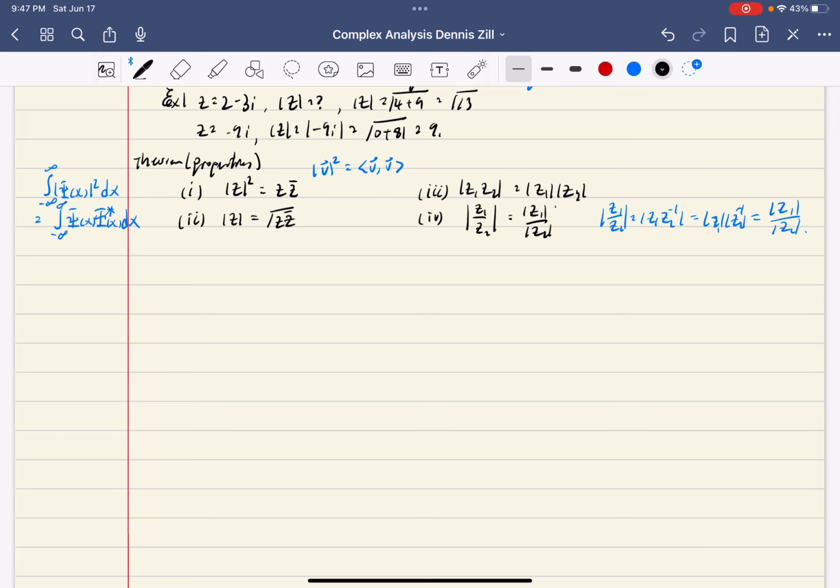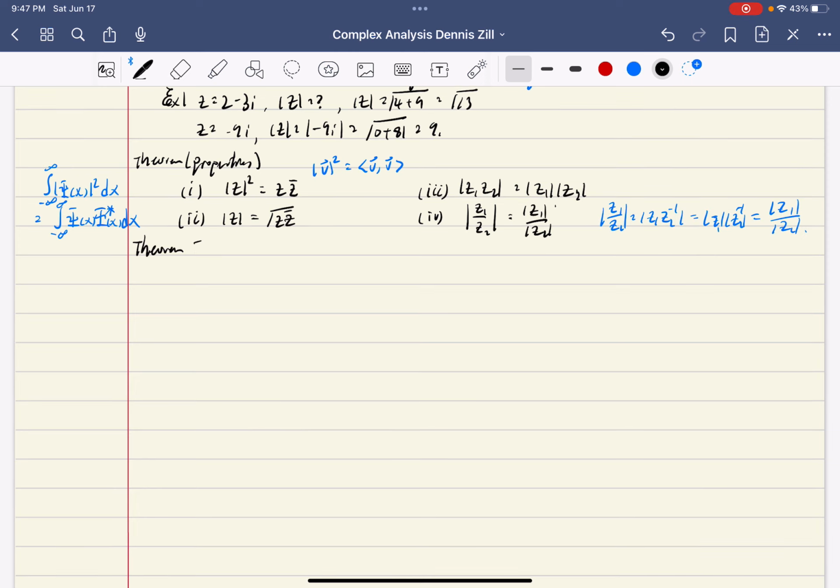Distance, again, really the distance between 2 points. Theorem: the distance between 2 complex numbers is defined in this manner.